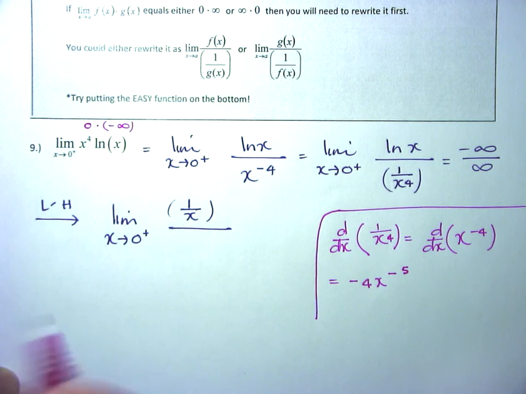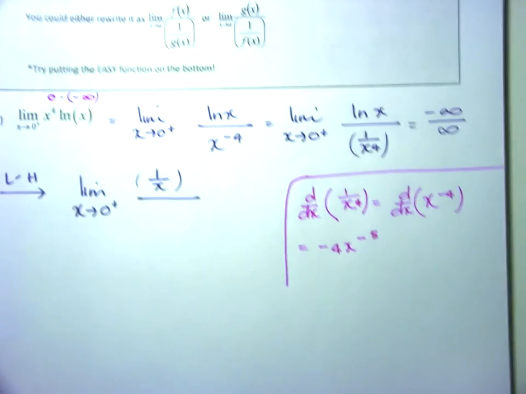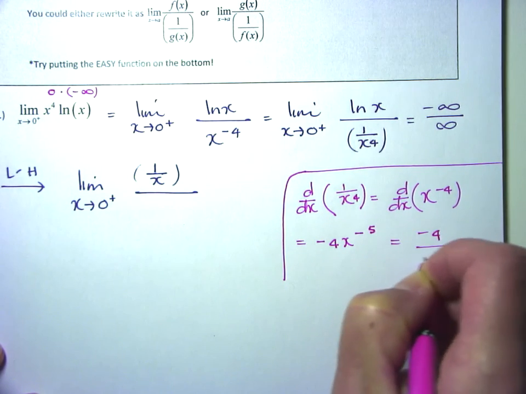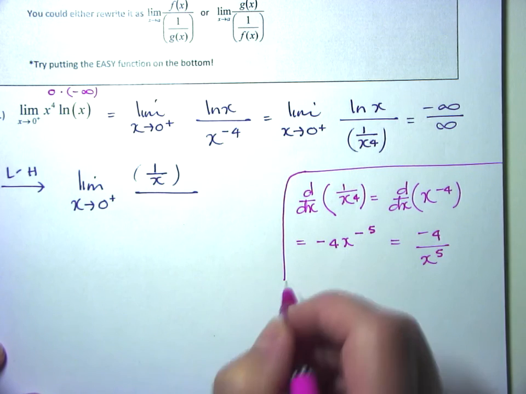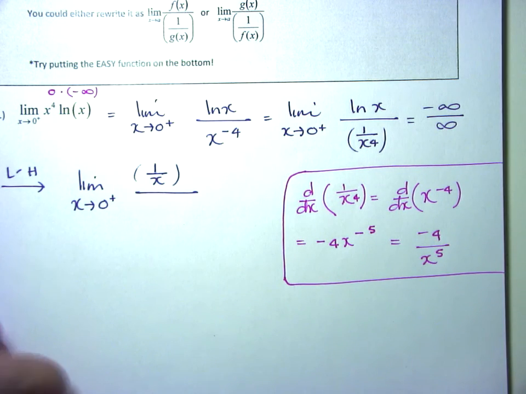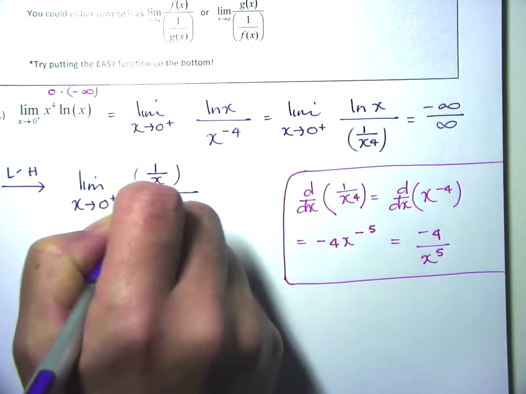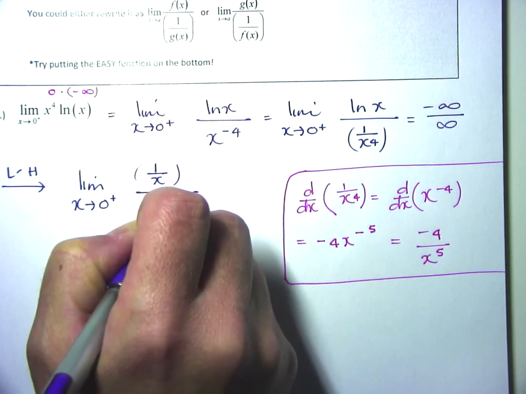I don't like leaving things with negative exponents though, so I'm going to write this as negative 4 divided by x to the power positive 5. So what's the derivative of 1 over x to the power 4? It is negative 4 divided by x to the power 5.